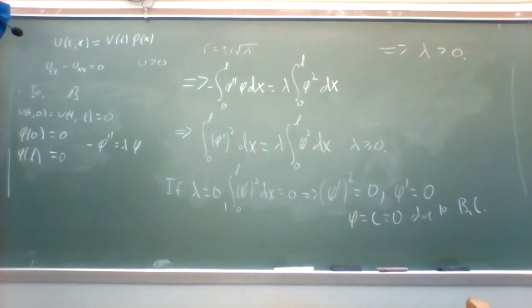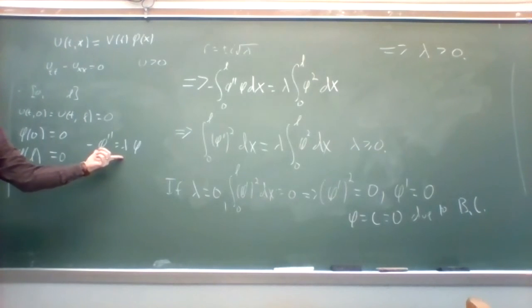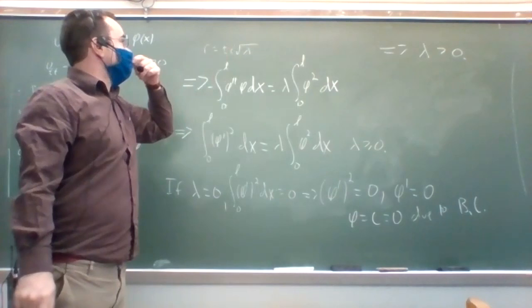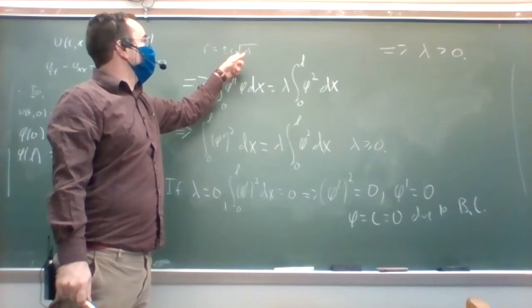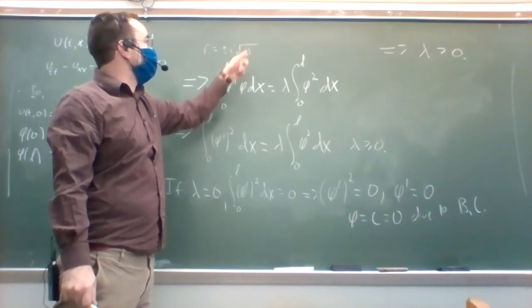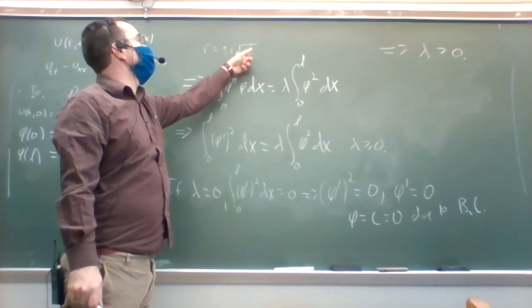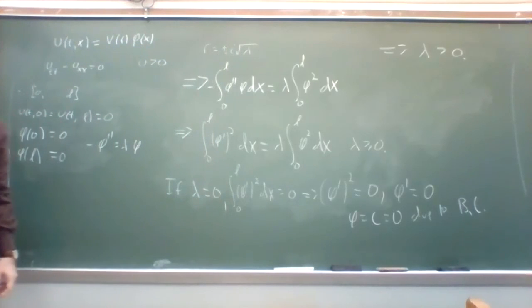Why do you care about that? Because when you go back to solve this ODE, you write down the characteristic equation. It matters whether that's positive because if negative lambda were positive, you could just take the square root. But if you knew that lambda is positive, which we now know, the square root of negative lambda gives you plus or minus i times root lambda.